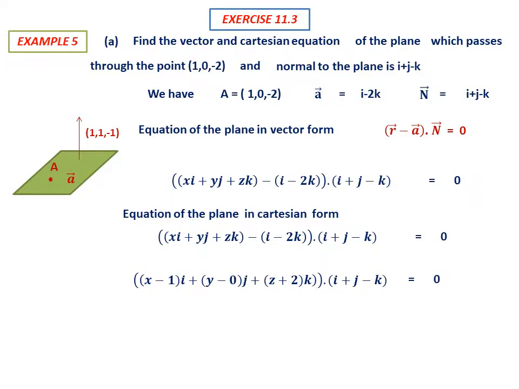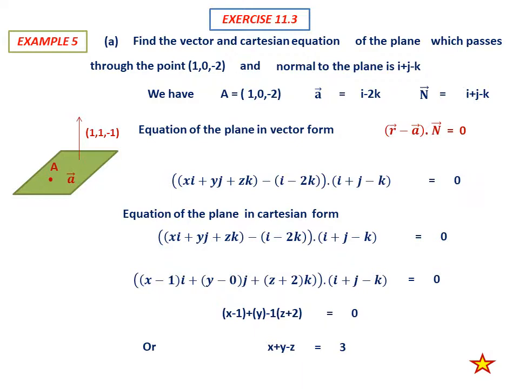Just substitution. Now this is actually a dot product. Simplify further. So (x minus 1) plus y, then minus 1 into (z plus 2), equal to 0. This itself is the equation. You can also simplify one more step, and x plus y minus z equal to 3 is the last form. Therefore, one is the vector form, another is the Cartesian form.